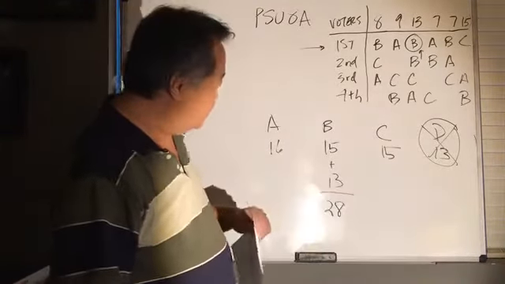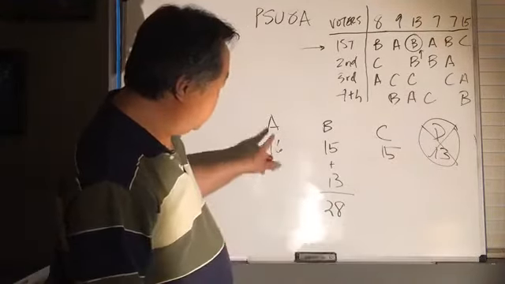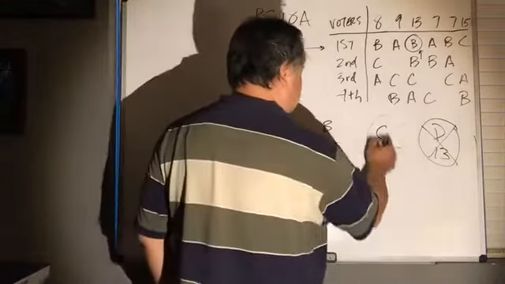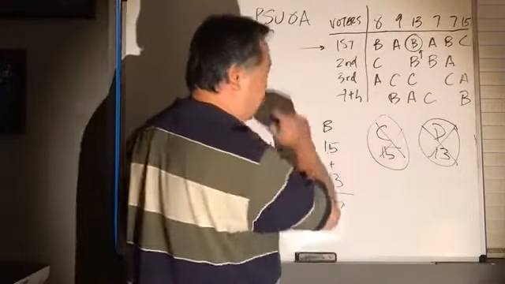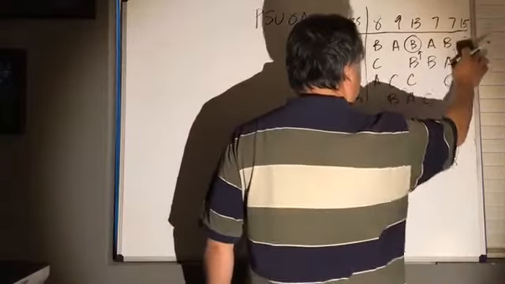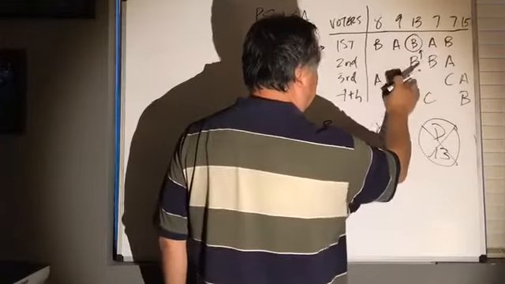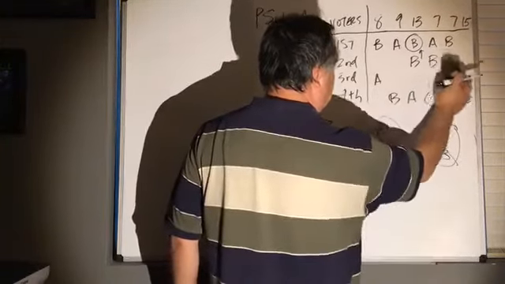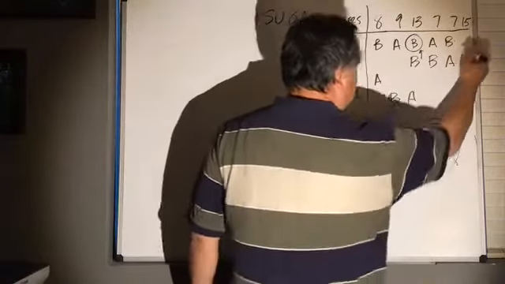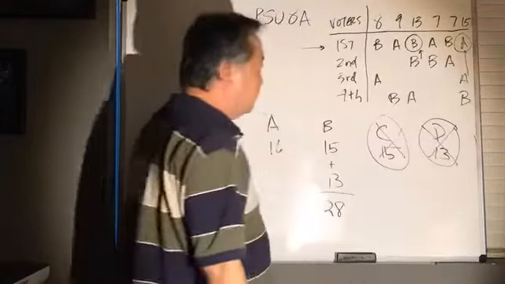So what you do is you're going to eliminate the next lowest one. Okay, so after 2 rounds, I got 16 here, I got 28 here, I got 15 here. So the second round, we eliminate C. Okay, so eliminate C. All right, so now A moves up there.